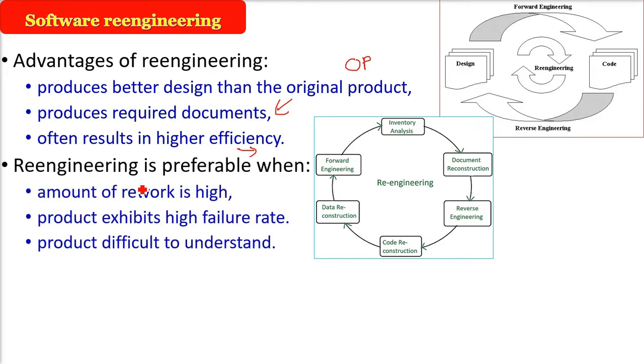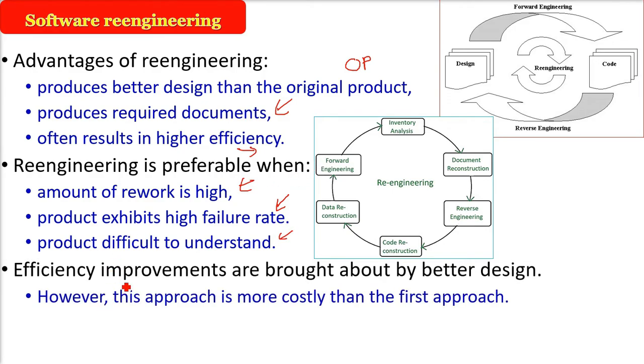Re-engineering is preferable when the rework is quite high, that is, you cannot go with just patch fixing or bug fixing. And when your product shows high failure rates with respect to reliability and availability, re-engineering is always preferred. Though it takes a lot of effort, it is advisable when the product is very difficult to understand. Re-engineering is the key.